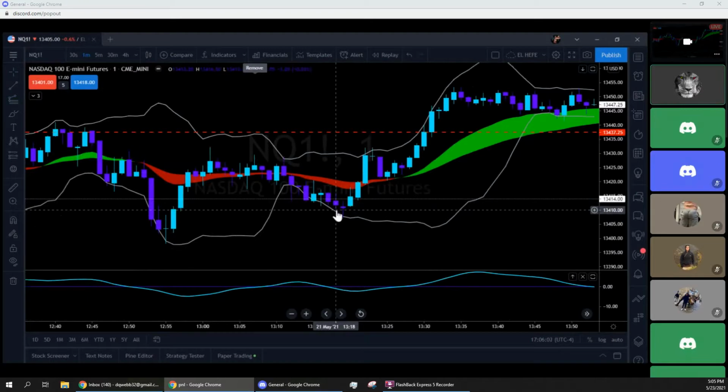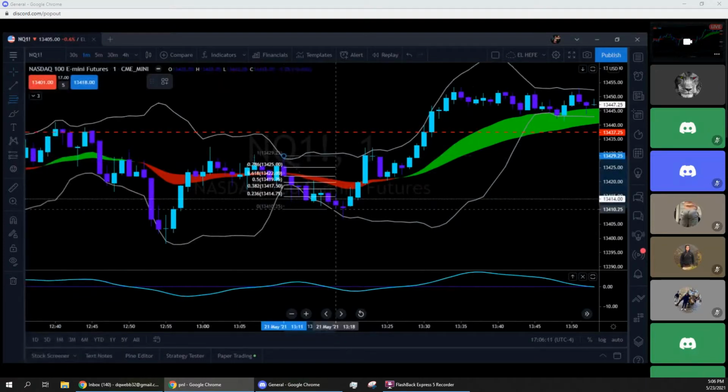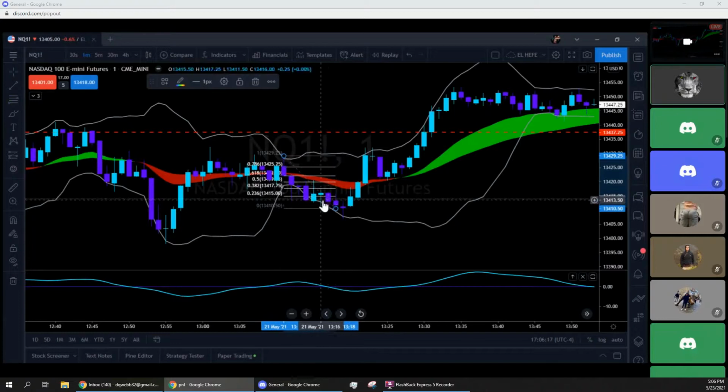You could have run your fib right here, say the retracement, started it up here and run it down to this one, because that was the 1 bar in front. So we crossed here, 1 bar behind, 1 bar in front, and the 1 bar in front was the one that was the low. Well, the very next candle, we made another low.